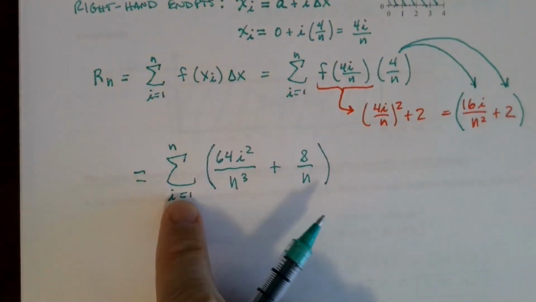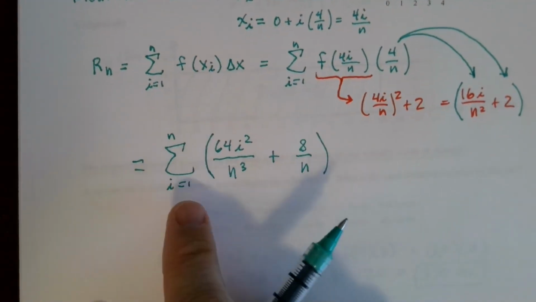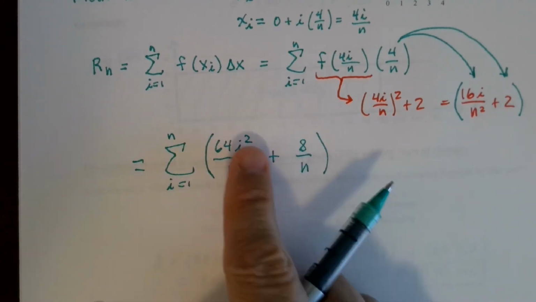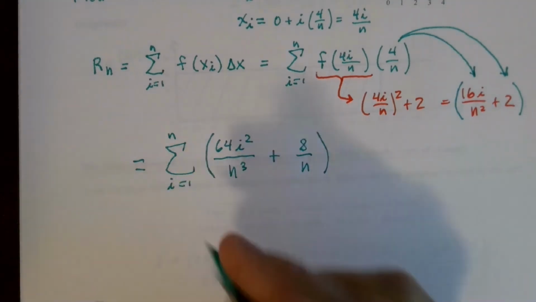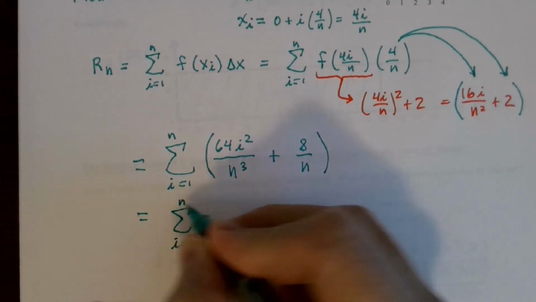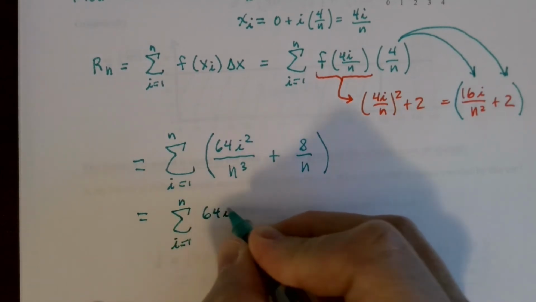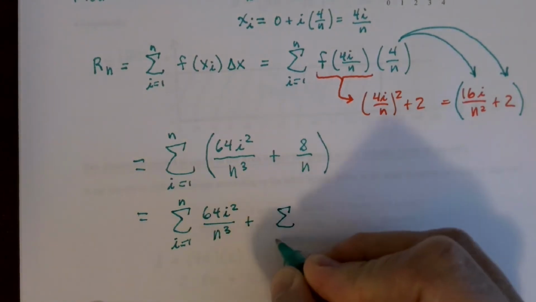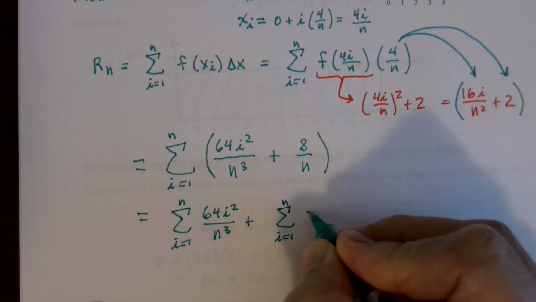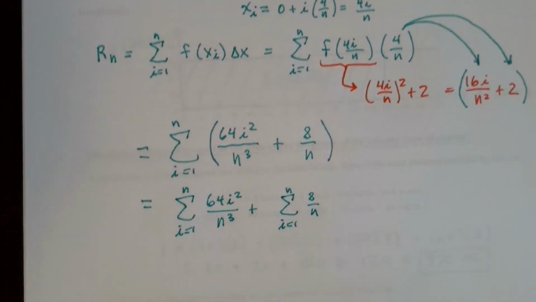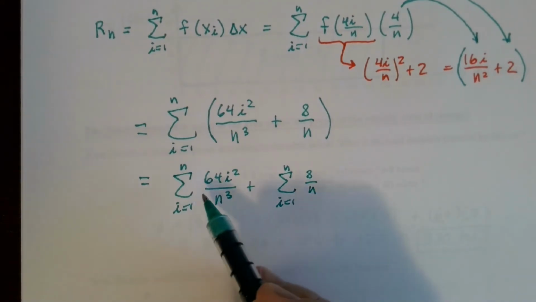Now I want to use my linearity rules for sums. Remember this. The summation i equal 1 to n of something plus something, like a sub i plus b sub i, can be split up into the sum of two things. Okay, and then I can use the other linear principle, that is, if I have a constant multiple, I can pull that out.